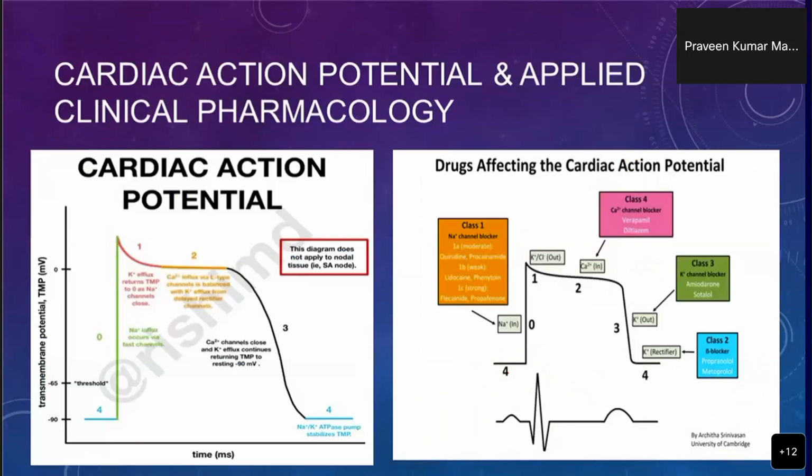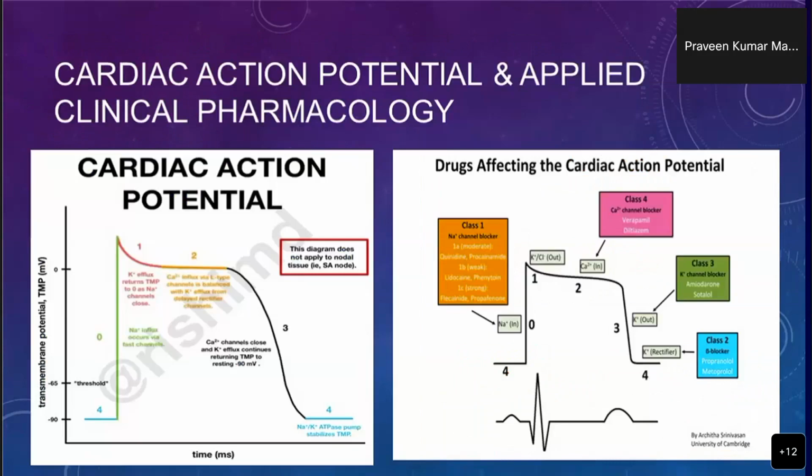The cardiac action potential and its applied clinical pharmacology: the normal resting membrane potential is minus 90 millivolts, and in phase 1 sodium influx occurs via the fast channels, and potassium efflux returns toward the transmembrane potential.